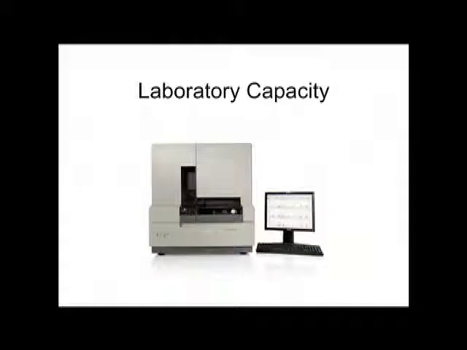So now that we've collected the evidence at the crime scene, it's sent forward to a DNA laboratory for processing. And labs are continually increasing their ability to process DNA evidence through the use of automation and advanced technology. The laboratory utilizes various robots and machines in order to take an evidence sample all the way through the process and produce a final DNA profile.